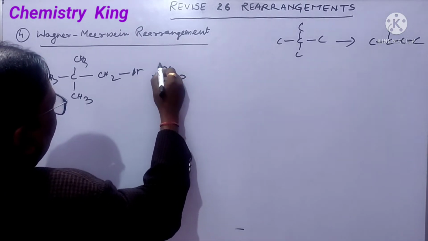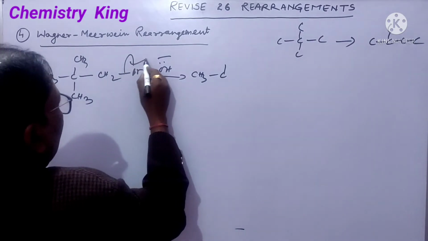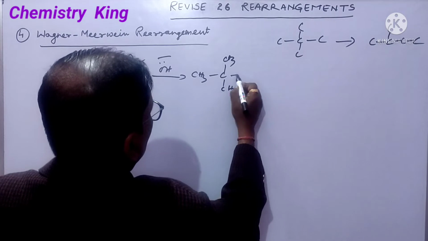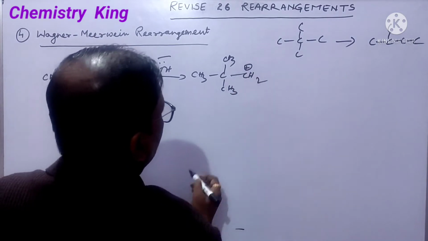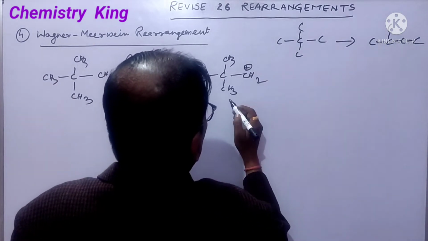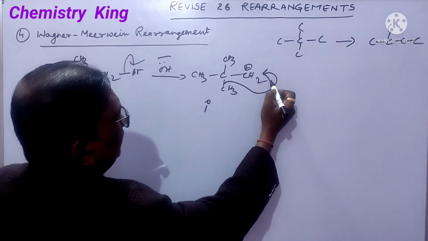When it is heated with base, this bromine is eliminated as bromide ion. Positive charge here. Now it is a 1 degree carbocation. It will rearrange in this fashion.